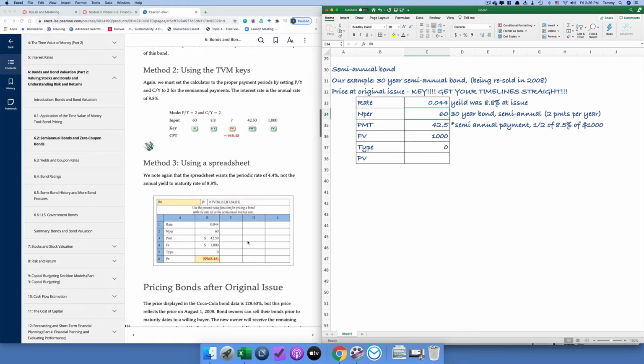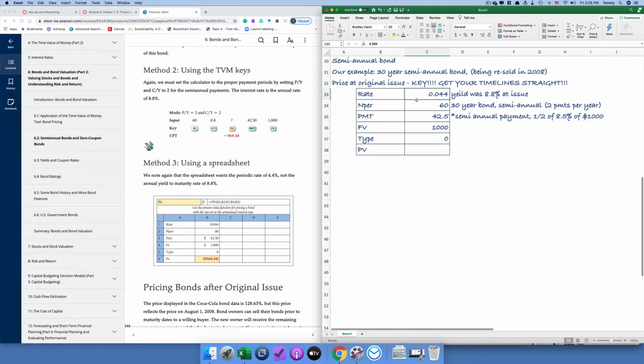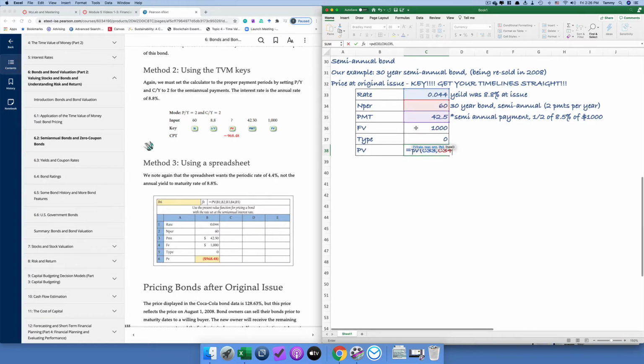So now that we have this set up properly, again, the key is to get your timeline straight and make sure that your number of periods and your payments and your rates are all along the same timeline. So now we can go ahead and just calculate this out. And there it is: $968.